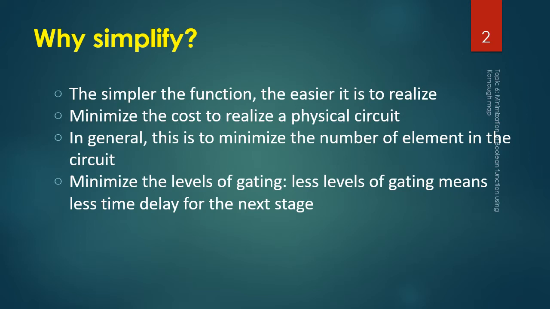This means that we can minimize the number of elements in the circuit. And finally, last but not least, minimizing the levels of gating means that we have less delay in our circuit. In other words, our circuit is faster.